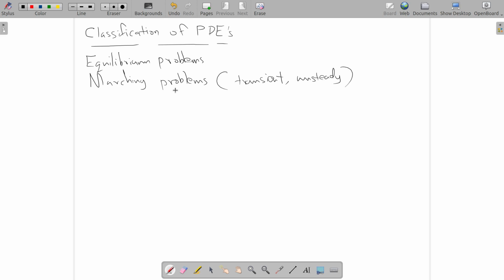But I think there is a special case of time marching problem for which steady state is possible. Steady state in the sense that we will see later. So for equilibrium problems, you always have steady state problems.